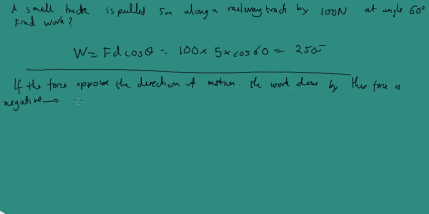We say it's done against the force. This happens, for example, when a load is being raised vertically. The work is being done against the weight, against gravity, as it is. And we're going to look at an example where this is the case next.